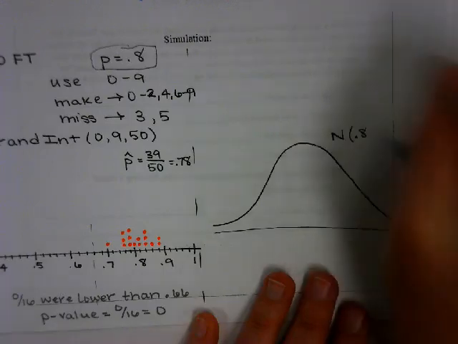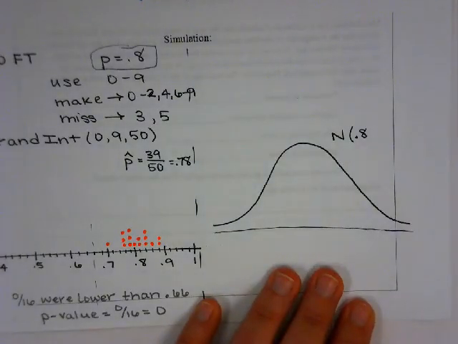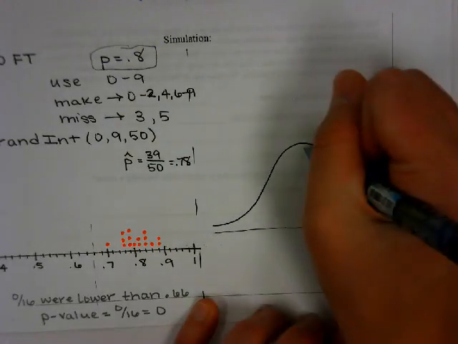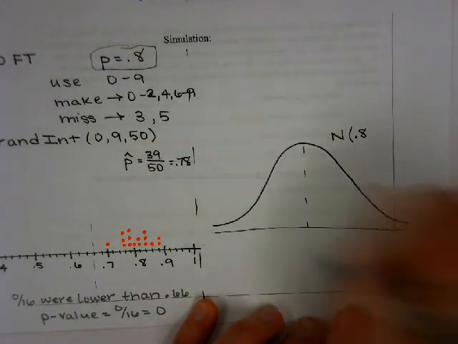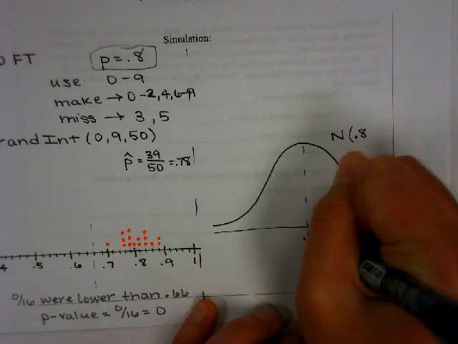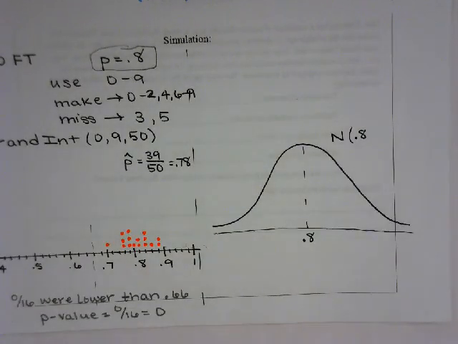Standard deviation. Anybody remember that standard deviation formula for proportions? Square root, but because we're working with a claim here, we're going to use p instead of p hat.